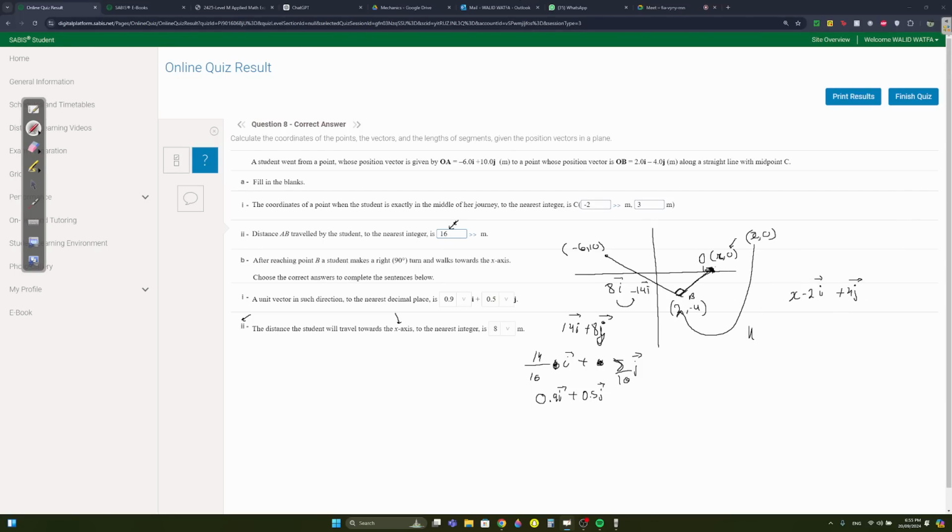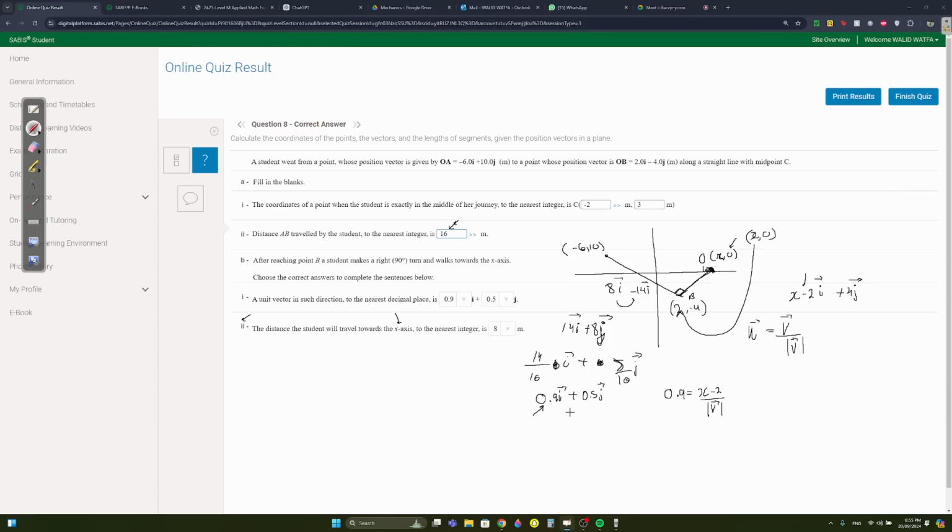We know that the unit vector u is equal to the vector v divided by the magnitude of the vector v, right? So the unit vector in this case, 0.9, equals the vector v, which is x minus 2, divided by the magnitude of v, which we're trying to find now.